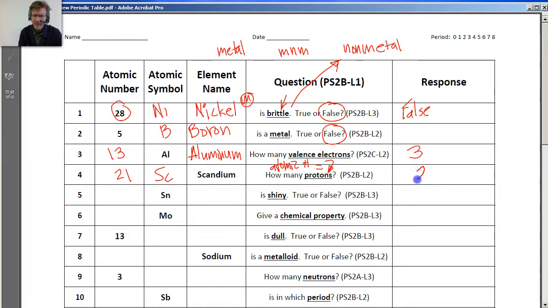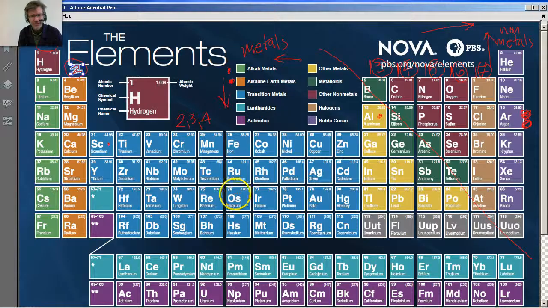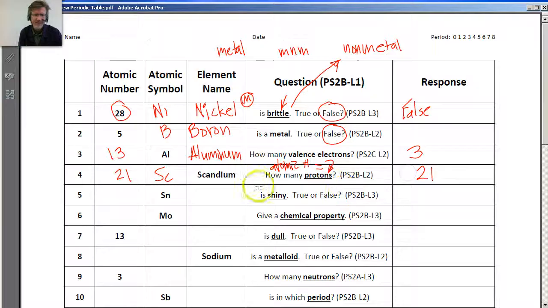So 21 is the right answer here. Pretty easy, but let's not miss these, okay? SN, next one, tin, number 50. Tin. Real quick, that's a 5. 50.